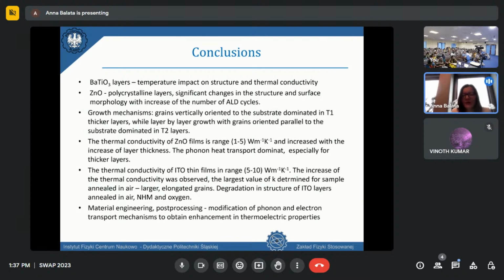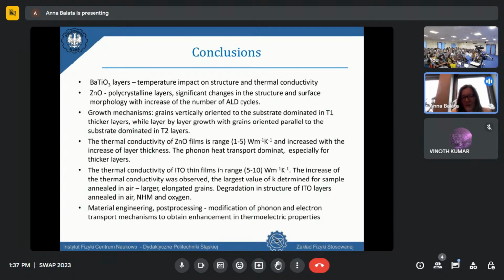And the last group of samples, indium tin oxides, had quite high thermal conductivity, from 5 to 10 watt per meter Kelvin, and an increase of thermal conductivity was observed also. The largest value was found for the sample annealed in air. And we also observed degradation in the structure and electrical properties for layers exposed to oxidizing atmospheres.